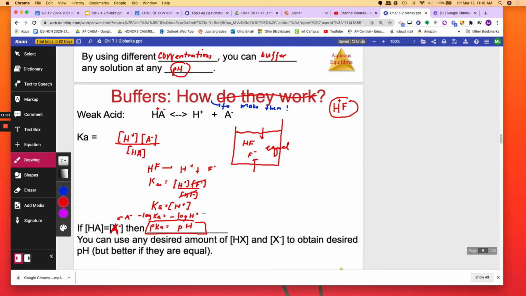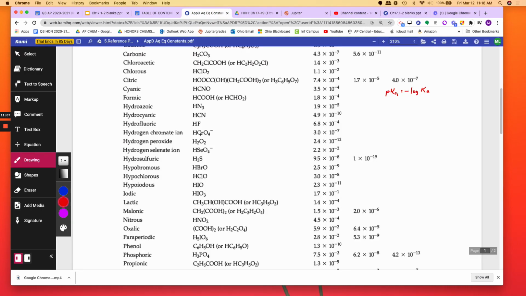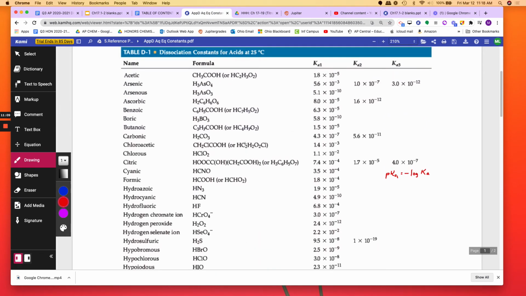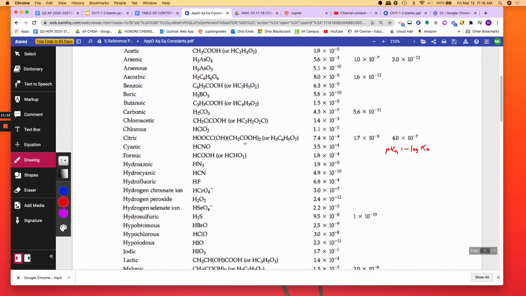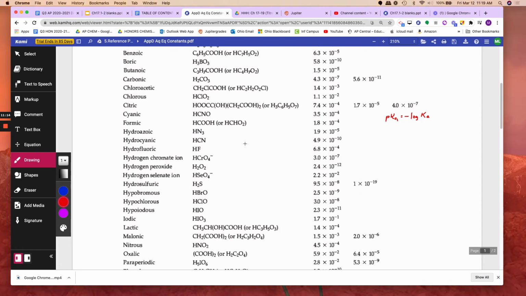Okay, so let me tell you what I mean. So let's say I want to make a buffer. This is the first thing I do. I go to my Appendix D, okay? And then I go shopping. I really want to buffer something at pH 4. So what I do is I look at the power of, this is the easiest way to do it, okay? These are the Ka values, right?